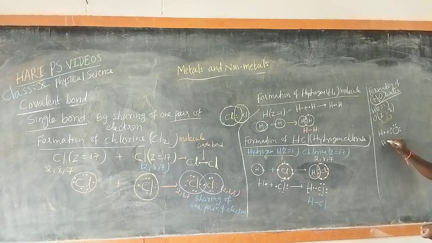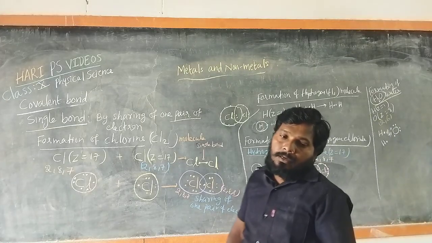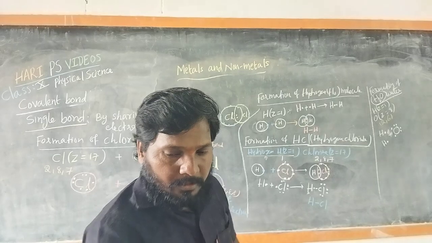Here take one more hydrogen. Two hydrogens combine with one oxygen. So how is the water molecule formed?